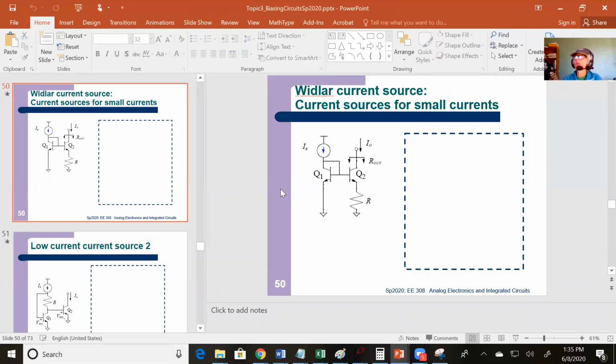So we didn't put a name to using degeneration to change the current or turn down the current. But famously, the person that proposed this and described the math, which I'll also put in another video for those that want to look at that, is a person called Widlar. So when you have a degenerated current source, you can call that a Widlar current source. So we're done with one current source that I didn't put a name to.